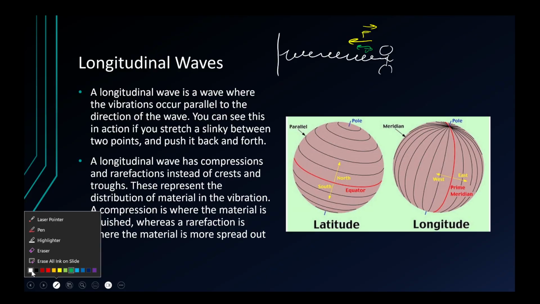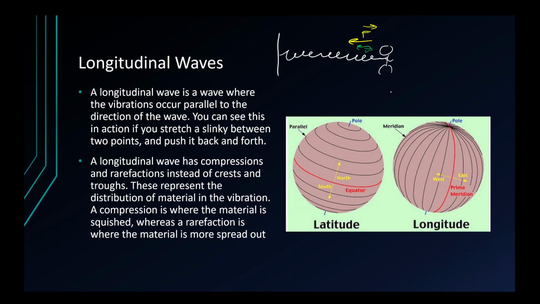And in fact, what you get from a top-down view, so this is from the side, but from the top, you'll see a bunched up thing, then you won't, then a bunched up thing, and you won't, sort of like that. And then as the wave moves, these bunched up things will start moving back and forth in an oscillatory motion. These are given names, as we can see in that second paragraph.